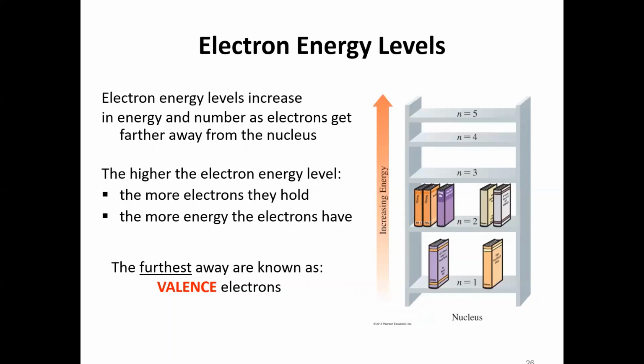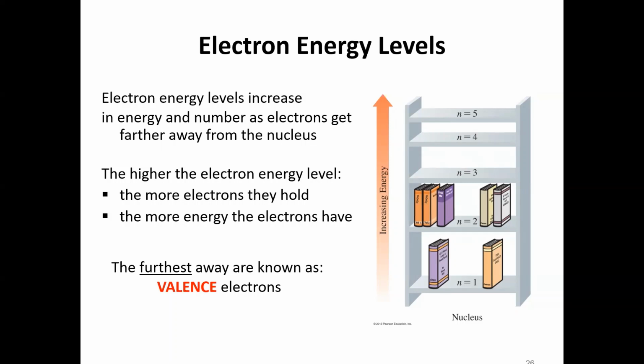So when we look at those electron energy levels, every time we go up higher and higher, the outermost electrons are the ones that have the most energy, okay? So the farther away from the nucleus we get, the more energy we have, and the more electrons they can hold, and therefore the more reactivity we might have eventually.